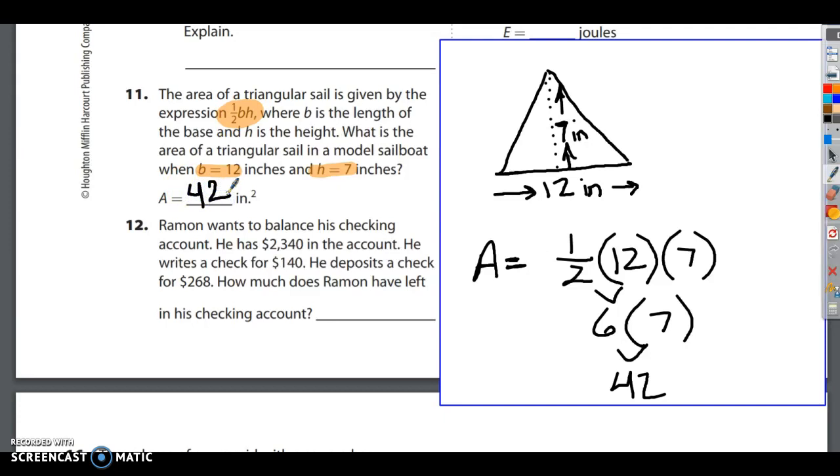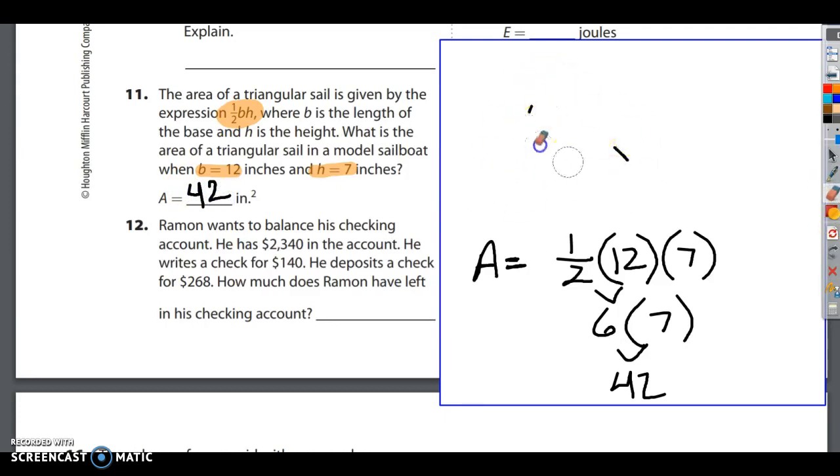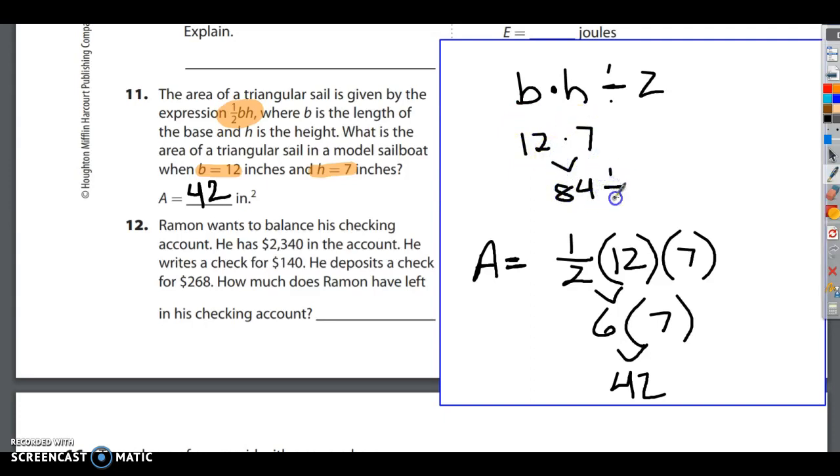Now, some of you would say, I learned how to do the area of a triangle a different way. I learned how to do the area of a triangle by doing the base times the height and then dividing by 2. And that works, because if you did the base times the height, you would get 12 times 7, which is 84. And if you did 84 divided by 2, what would you get? It's 42.